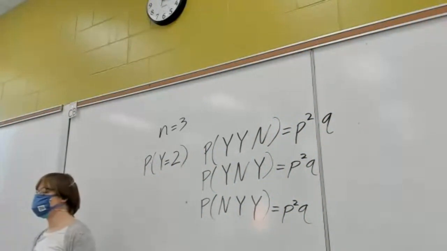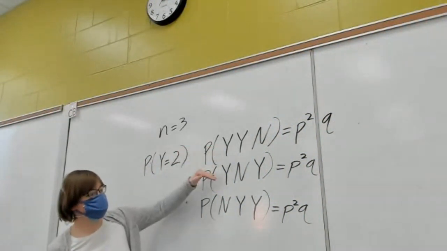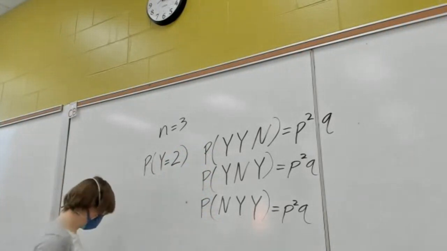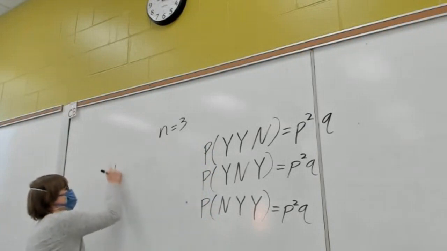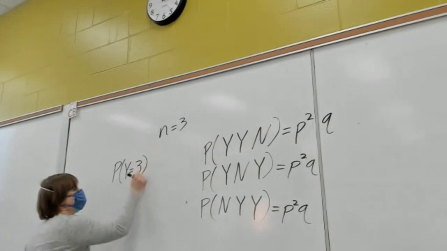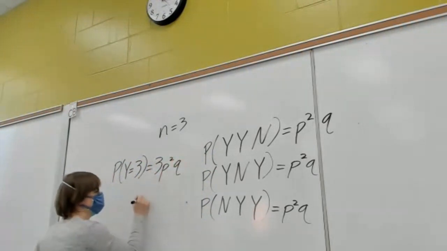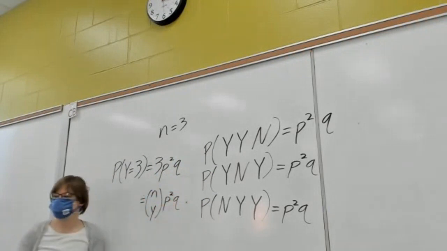So the n choose y is the number of orderings of the yeses and the nos. So we say that the probability that y equals 3 is going to be 3 times p squared q, or more generally, n choose y times p squared q.